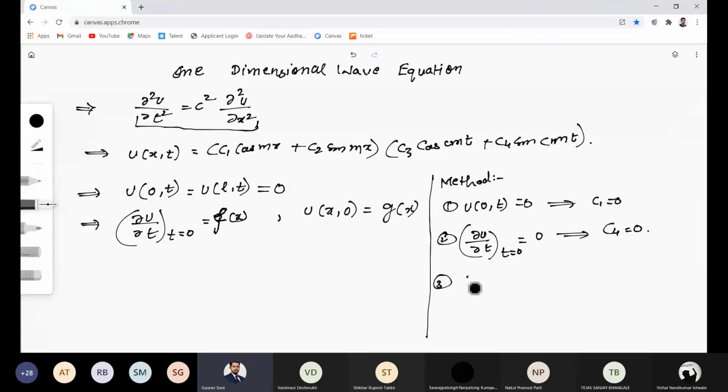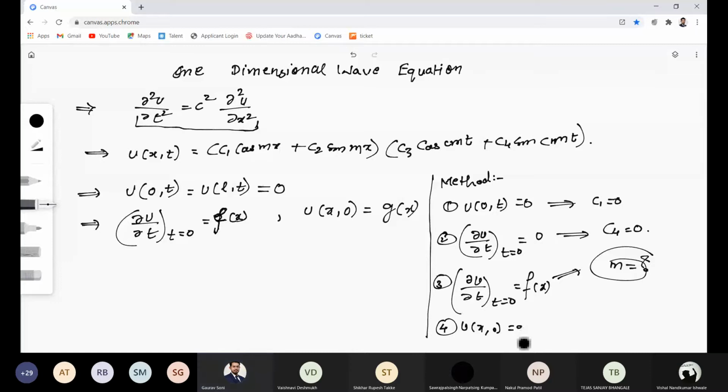Then after that we use the condition ∂u/∂t at t = 0 equal to f(x), and by using that probably we will get the value of m, whatever it is. And the last one, u(x, 0) = g(x), we'll use this condition to find bn.